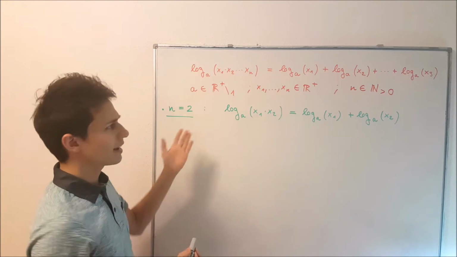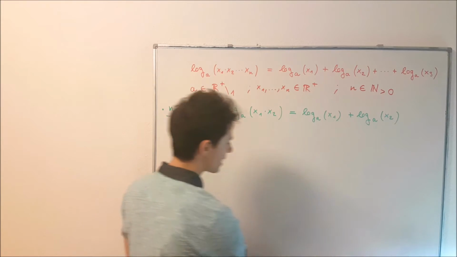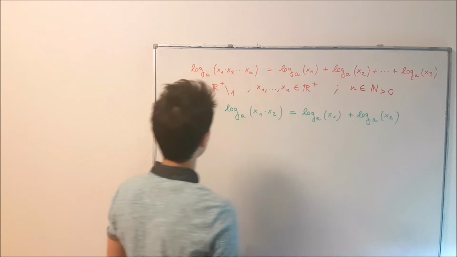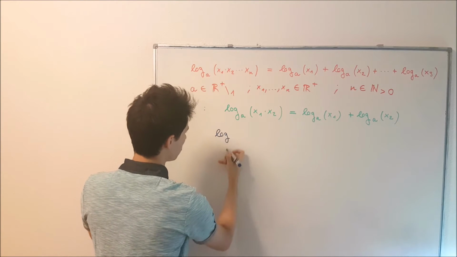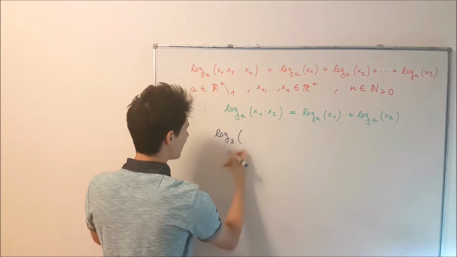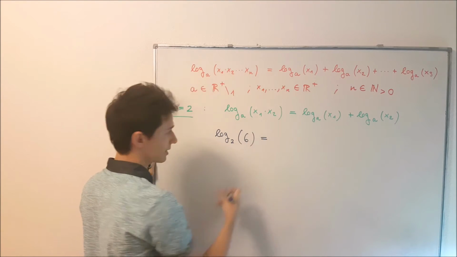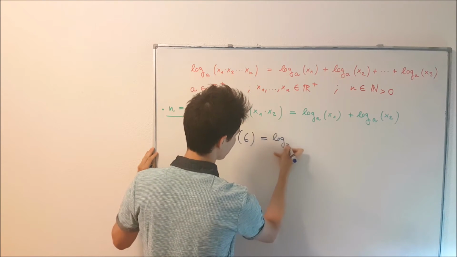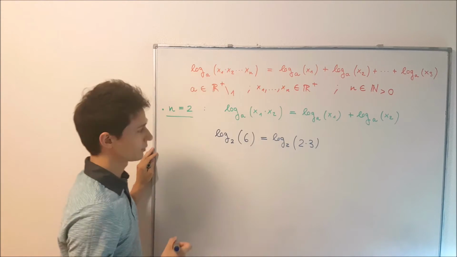Now, why is this a handy rule when it comes to calculations with a logarithm? Let's do an example. Suppose we have the logarithm to base 2 of, let's say, 6. Then 6 can be rewritten as 2 times 3, right?